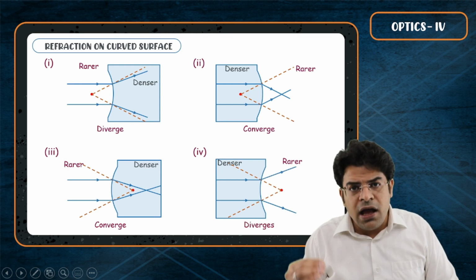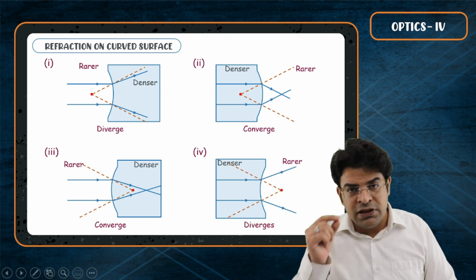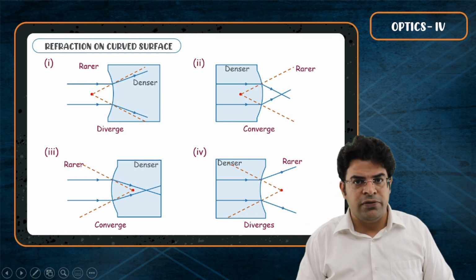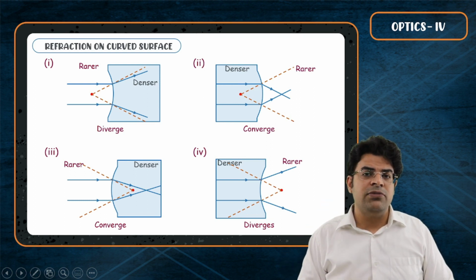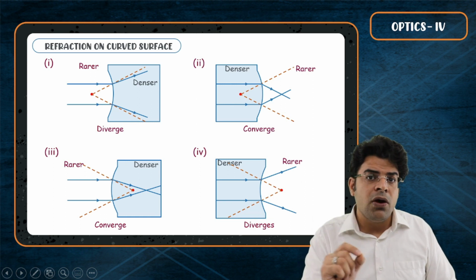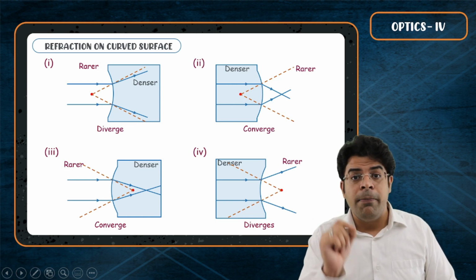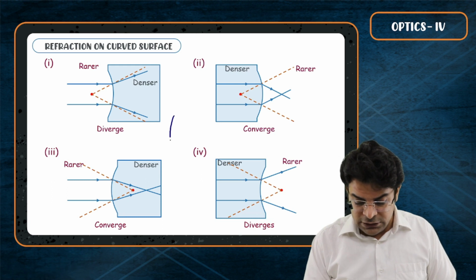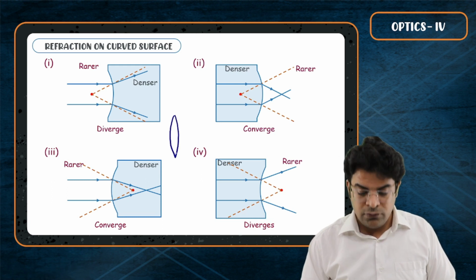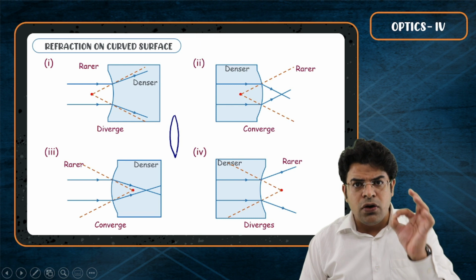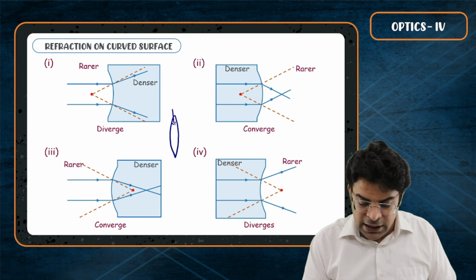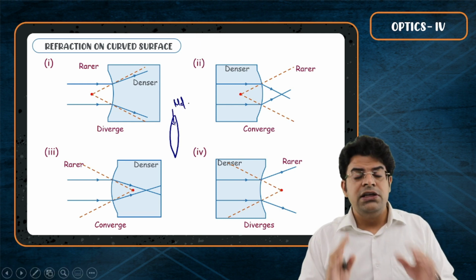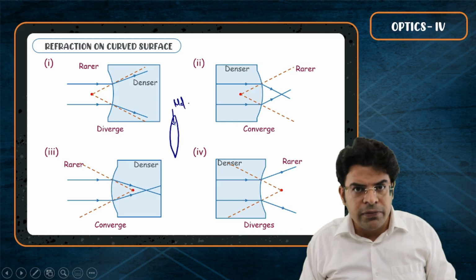Now sir, why have you started this hour with the same thing that we have learned in the last hour? Because we need to understand something about biconvex lens and biconcave lens. Let's say you have a biconvex lens. And let's say this biconvex lens is made up of material having refractive index greater than the refractive index of the surrounding.